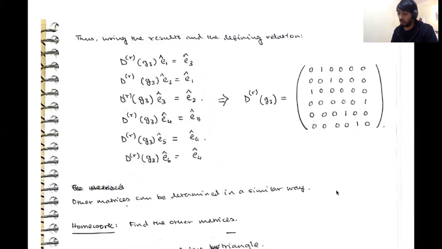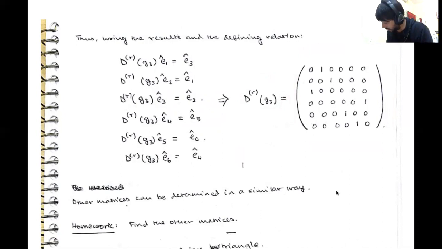And so once you see this, you can find out that this particular object dr of G3 is going to be given by a matrix like this. How do you get this? So what do you want?